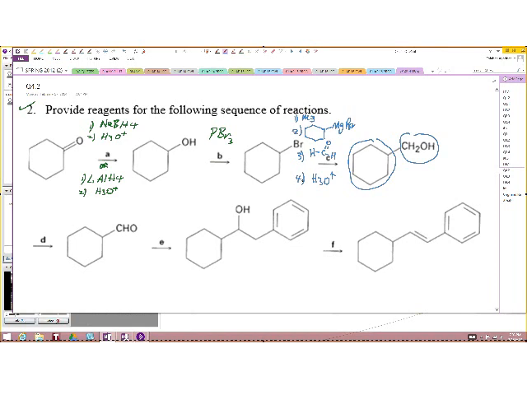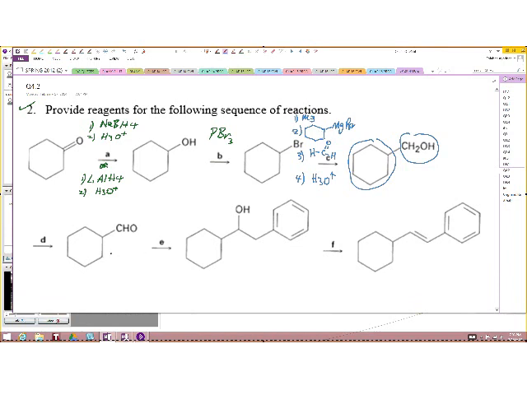No, that's fine. If you just have Mg, we know that you have formed the Grignard, that is assumed in step 2. Then you could add the aldehyde, formaldehyde. So you don't really need to show the structure of the Grignard.